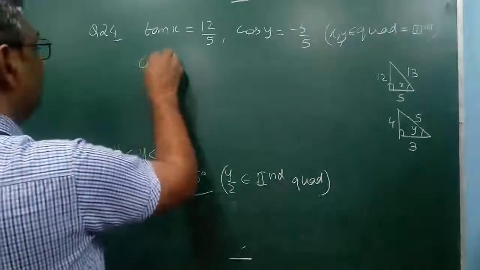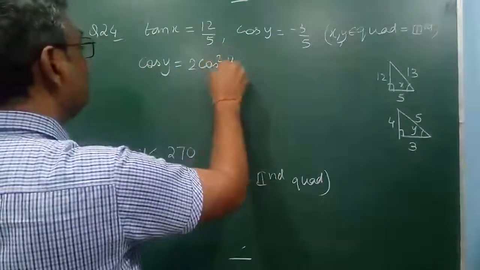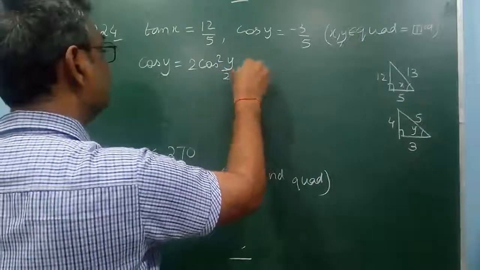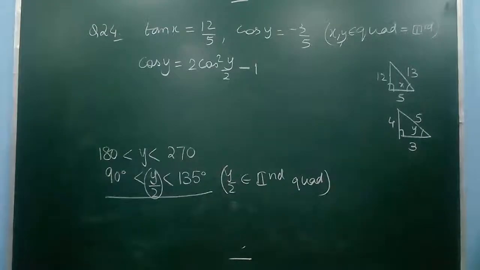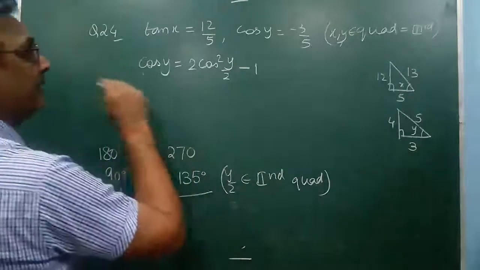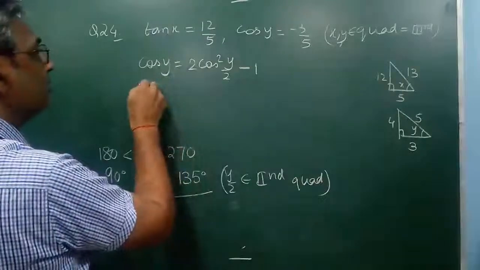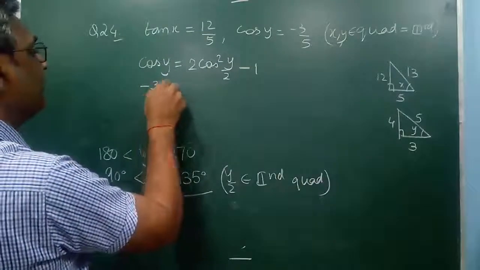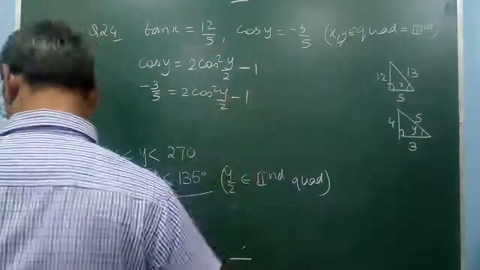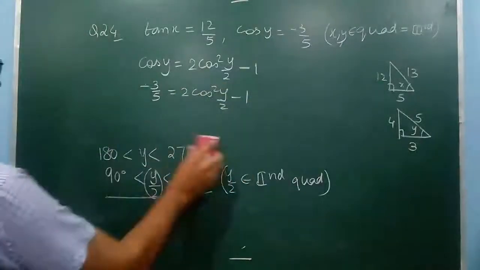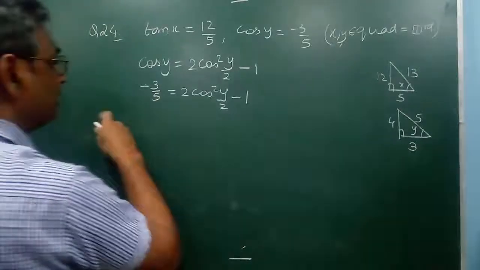What is there? Cos y equal to 2 cos square y by 2 minus 1. We can take it to this side. Cos y is minus 3 upon 5 equal to 2 cos square y by 2 minus 1. I can take this to this side.